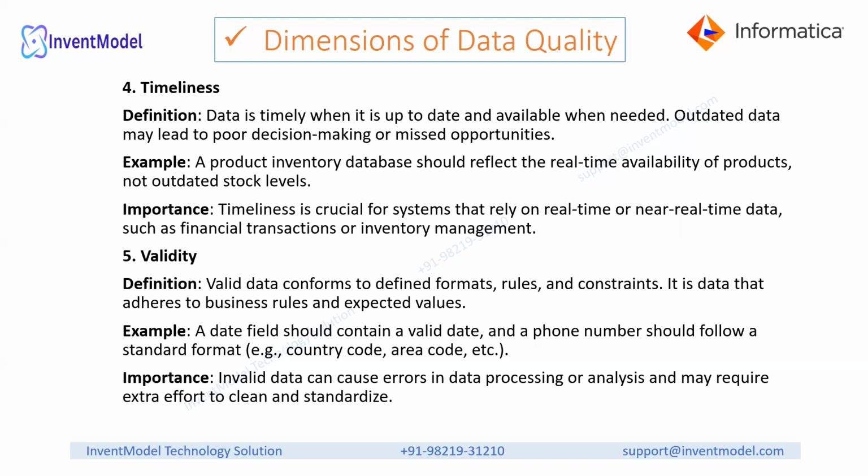Once we write a phone number, an email, or an address, we follow some format while writing, right? That format helps us to understand whether the data is valid or not. Invalid data can cause errors in data processing or analytics and may require extra effort to clean and standardize.